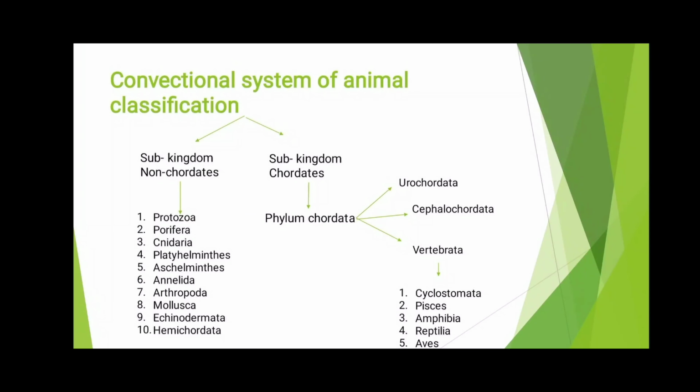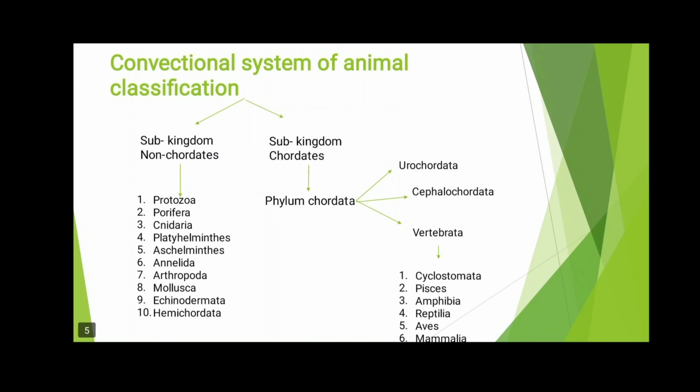So in the conventional system of animal classification, animals are divided into subkingdoms. Which subkingdoms? Non-chordates and chordates. In non-chordates you are going to study about phyla. So remember everyone, there are a total of 10 phyla. How many phyla are there? 10 total phyla.